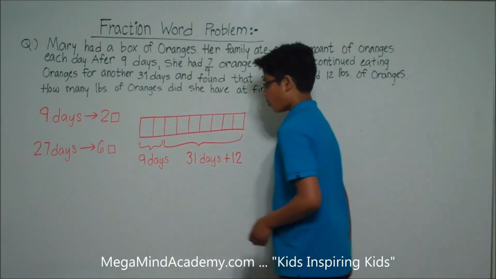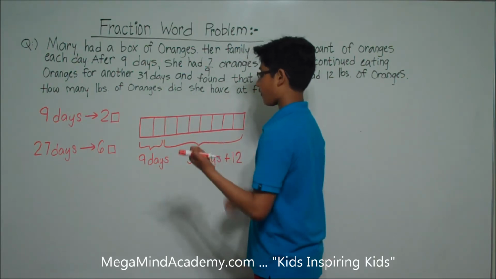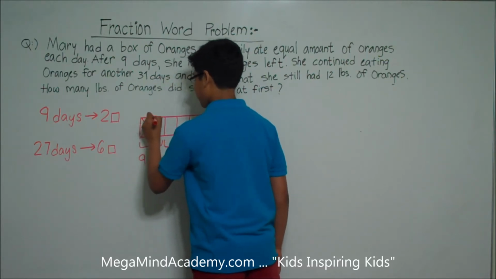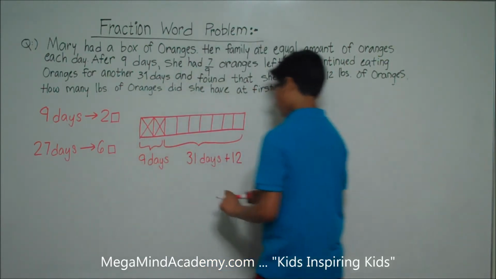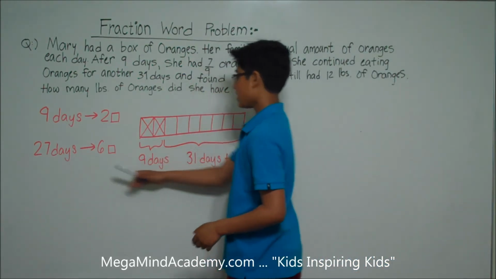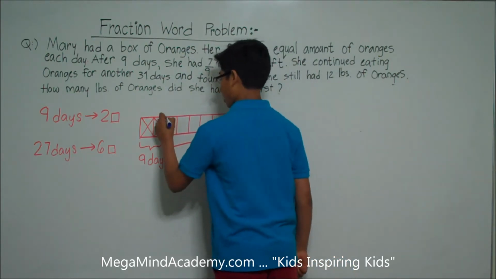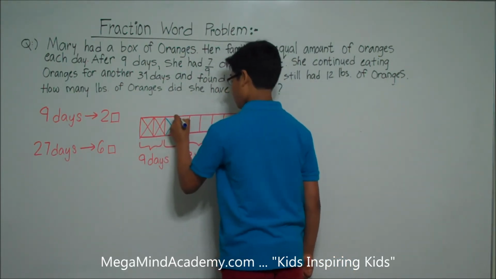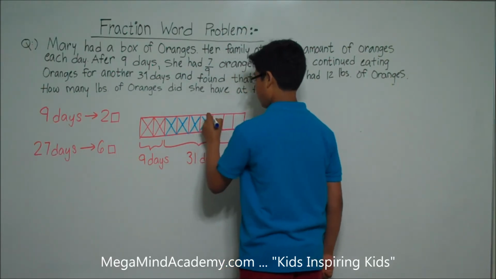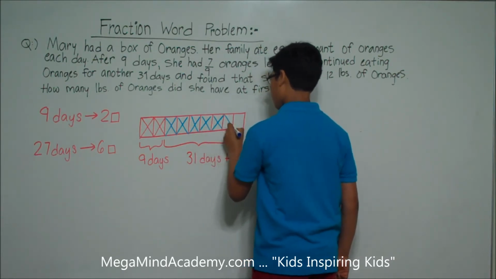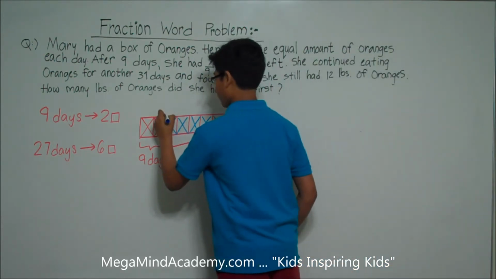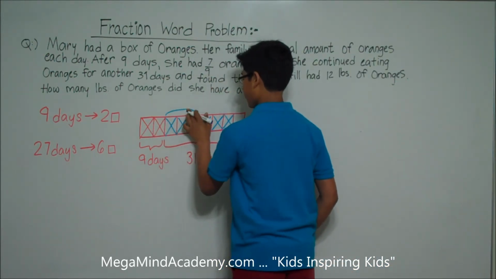So we know that for the first 9 days, she ate 2 units of oranges. And for the next 27 days, she ate 6 more units of oranges. So these are the amount of oranges eaten in 27 days.